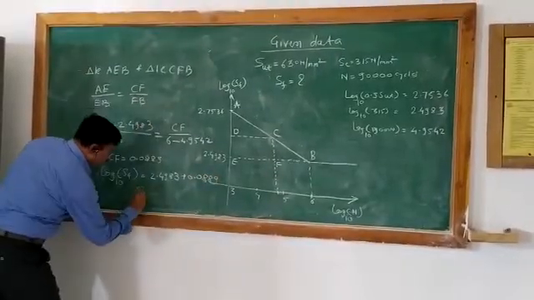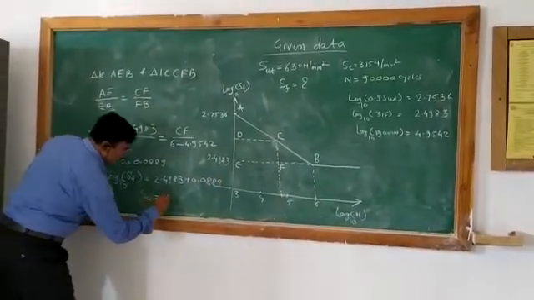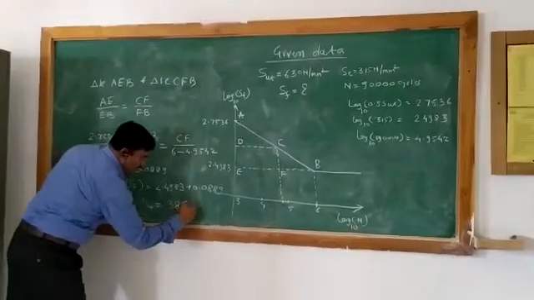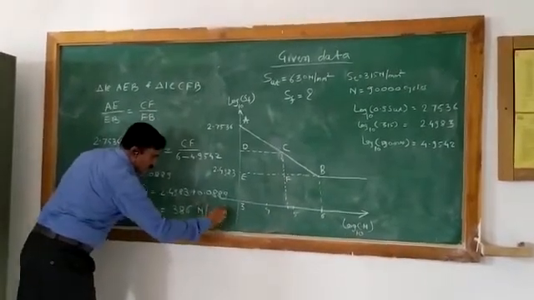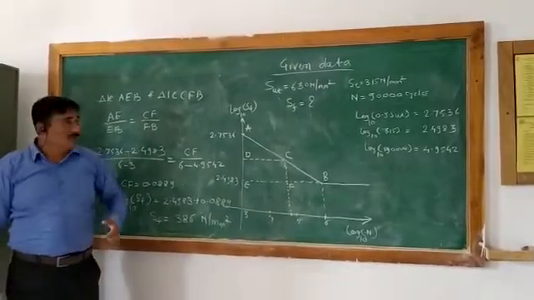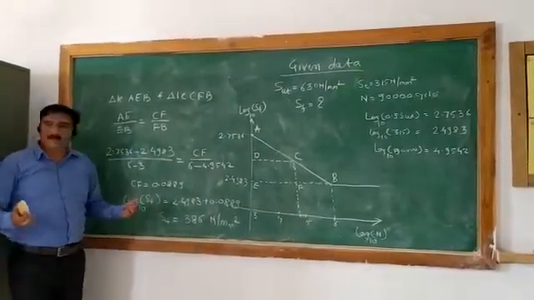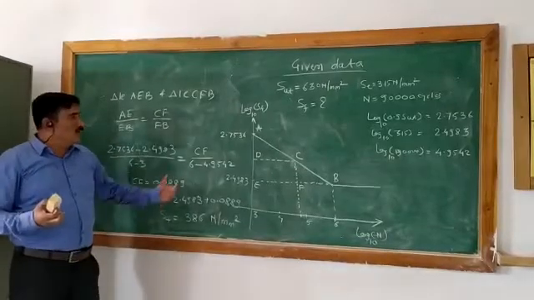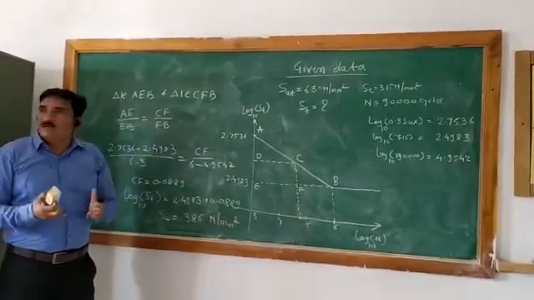If you take the anti-log of this, it will give you the value of your fatigue strength, that is 386 Newton per millimeter square. Similarly, this was the practice numerical which we have solved for the calculation of SF.